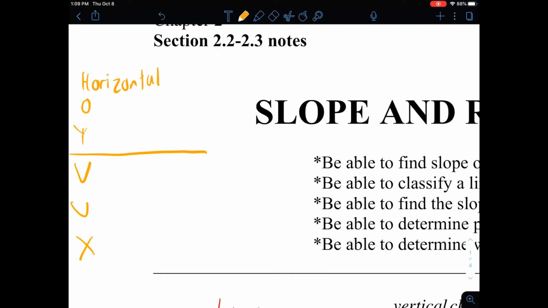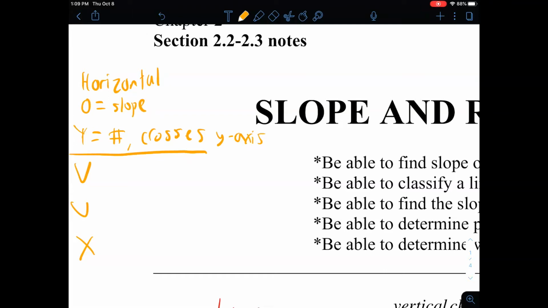It's going to have a 0 slope, and the equation is going to look like y equals a number, and it's going to cross the y-axis. So this is HOY-VUX: H-O-Y-V-U-X. The O is actually a 0, but it helps us remember this, okay?